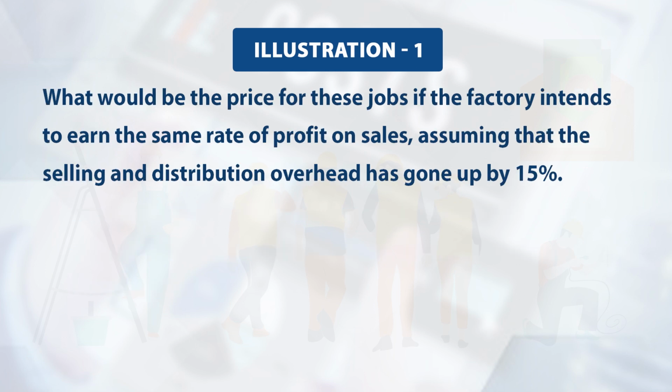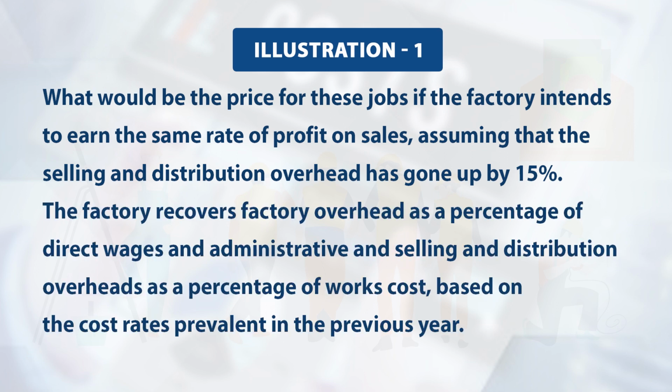What would be the price for these jobs if the factory intends to earn the same rate of profit on sales, assuming that the selling and distribution overheads have gone up by 15%? The factory recovers factory overhead as a percentage of direct wages, and administrative and selling and distribution overheads as a percentage of works cost, based on the cost rate prevalent in the previous year.